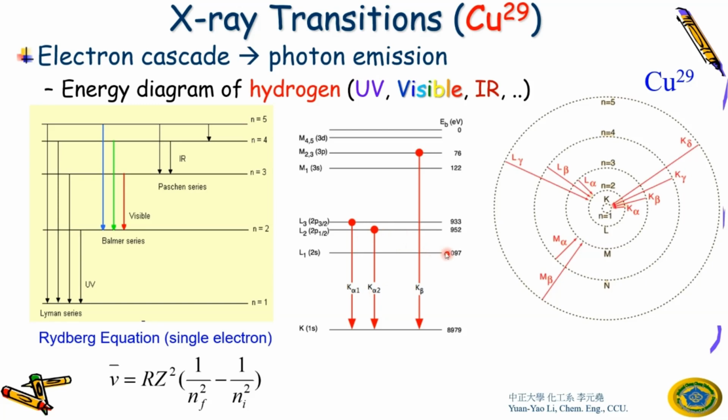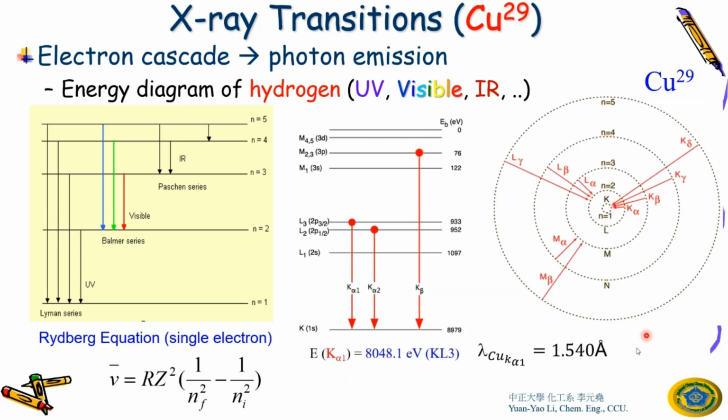If we have n equal to 2, that will be 2s, 2p, and 2p has 3 energy levels, 3 energy states. Okay, so this is K alpha 1, K alpha 2. And then go to the K beta, because n equal to 3 has more levels, something like that.